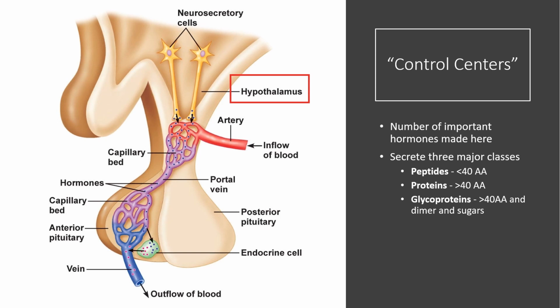Now, that's not to say that they secrete the only important ones or that every other endocrine system is therefore somehow unimportant. Clearly, that's not the case, but these secrete a number of very important ones, and they occur very regularly. So clearly, this has regular day-to-day importance as well.